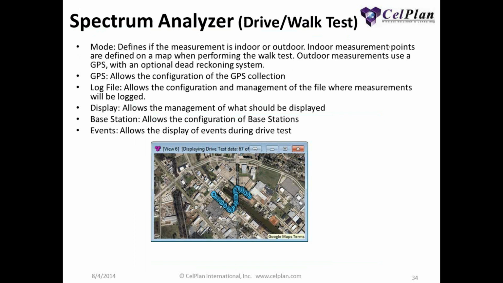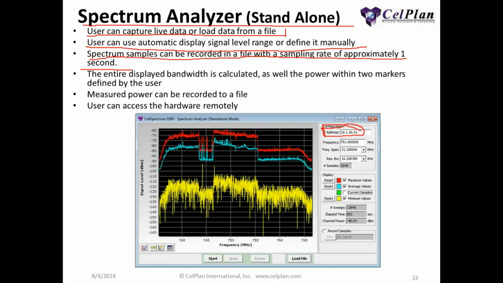We go there and we replay the spectrum capture. The signal levels can be arranged automatically or defined manually. Spectrum samples can be recorded in a file, basically with a sampling rate of approximately 1 second. So every 1 second you can capture your screen and store it.